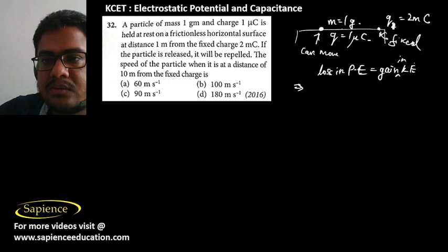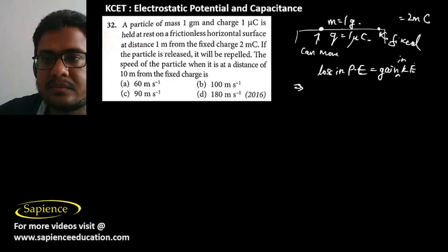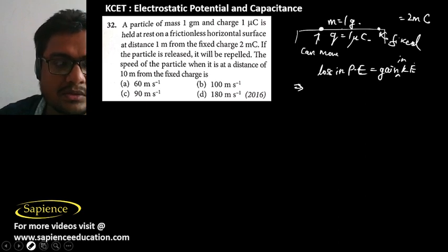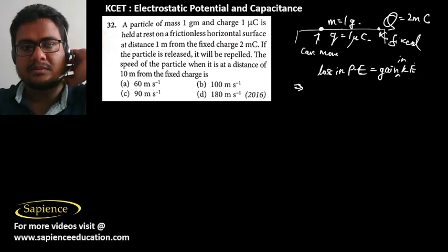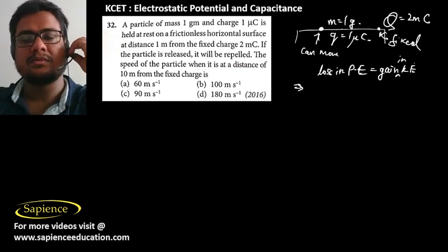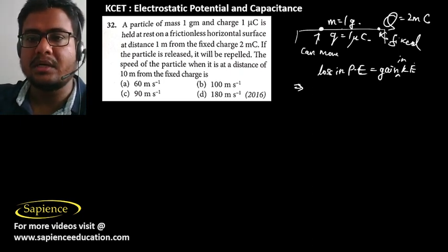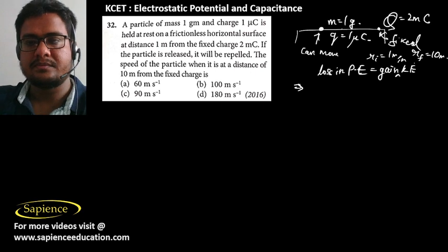Let's say this fixed charge has the symbol capital Q. The loss in potential energy: initially R initial was 1 meter and R final is 10 meter.